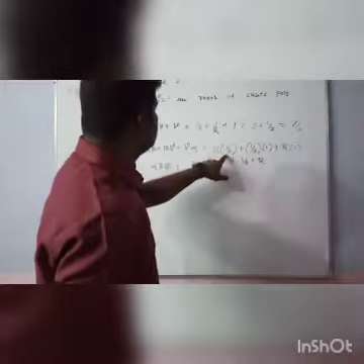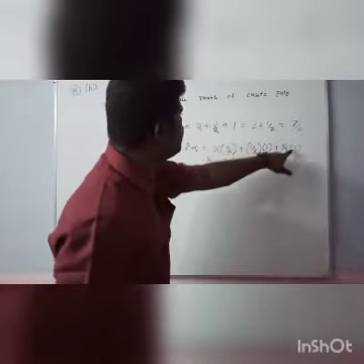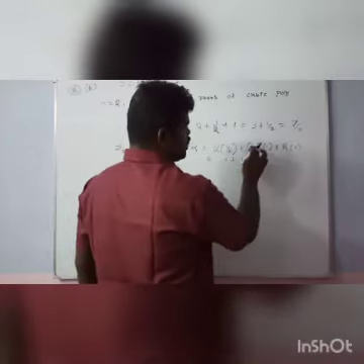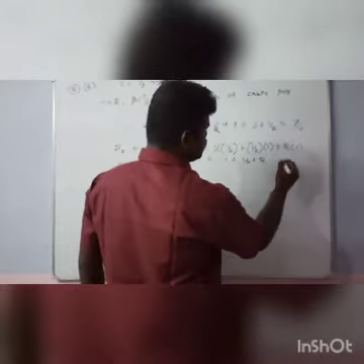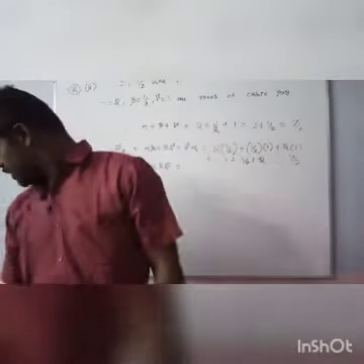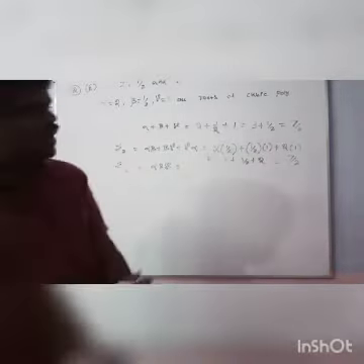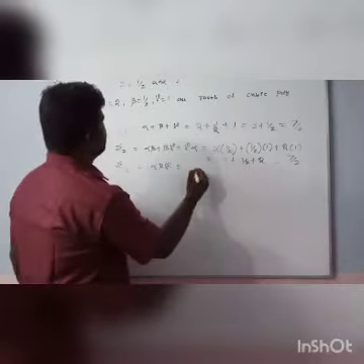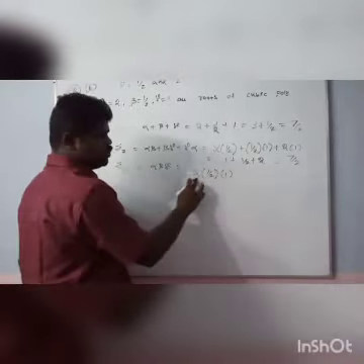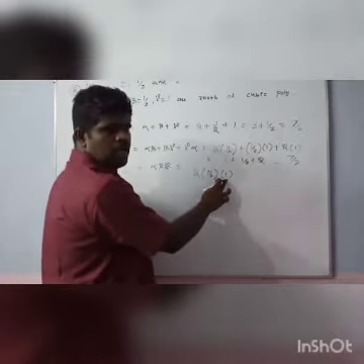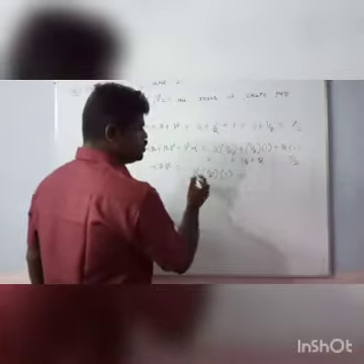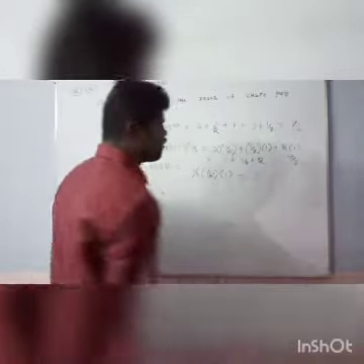So 1 plus 1 by 2 plus 2, which is also 7 by 2. This value is also 7 by 2. And the third value, alpha beta gamma: 2 into 1 by 2 into 1. Alpha value is 2, beta value is 1 by 2, gamma value is 1. So 2 and 2 cancel, the answer is 1.